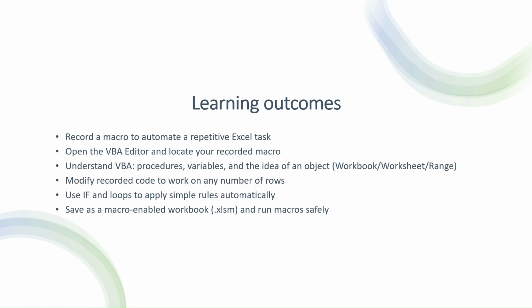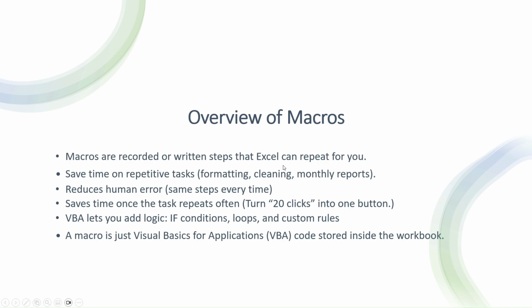Now let's define what a macro actually is in very plain terms. A macro is simply a set of steps that Excel can repeat for you. That's all it is. If you always do the same task, like formatting columns, adding headers, computing totals, or highlighting values, a macro can turn that into one simple click.